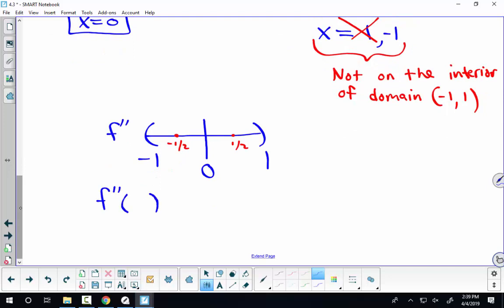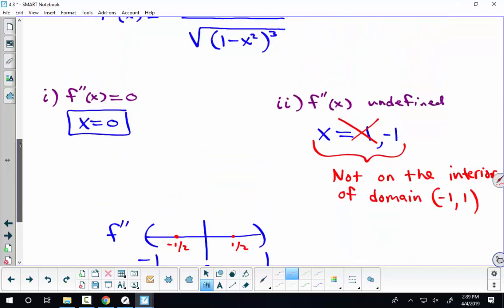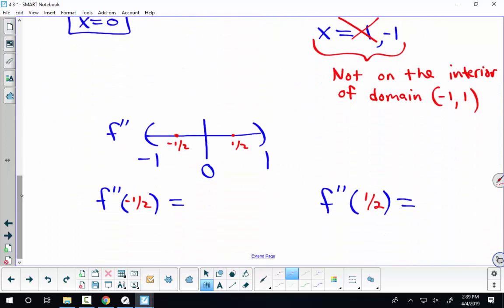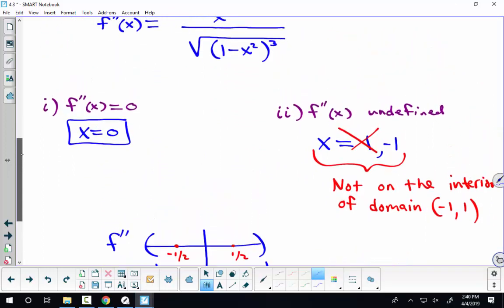Evaluate the second derivative at those two test points, at 1/2 and -1/2.